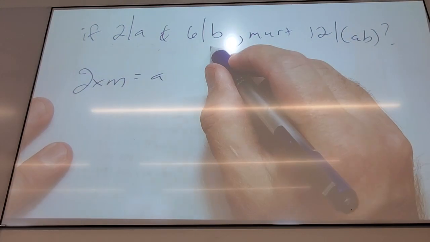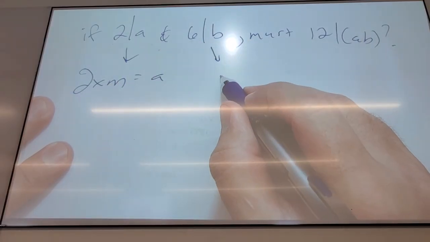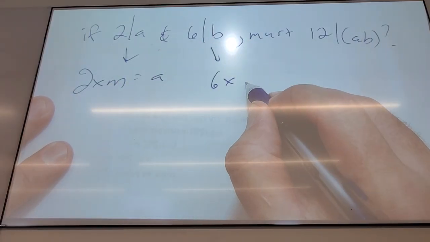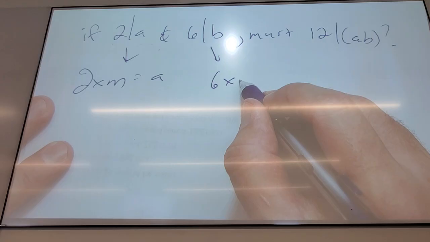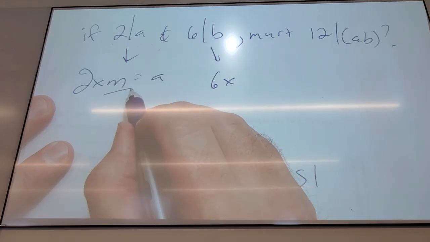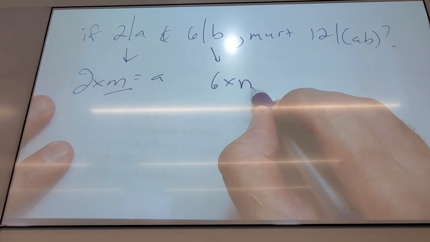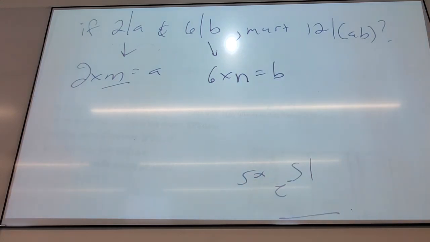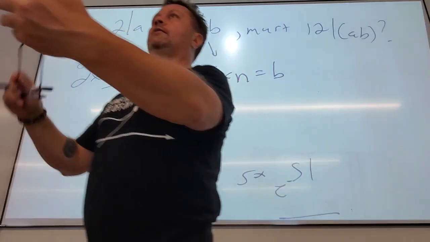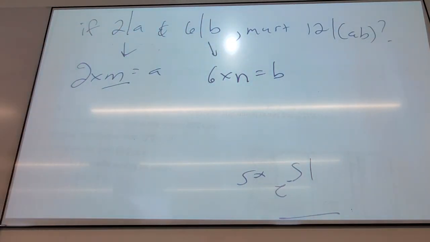Alright, 6 divides B, what does that mean? 6 times something is B. Should I put M? No, because we already put M. It doesn't have to be the same M, does it? Is that cool? That's one way to look at it. If one number goes into another one, that means there exists a number such that the first number times that is the last number. 2 divides A means 2 times something is A.